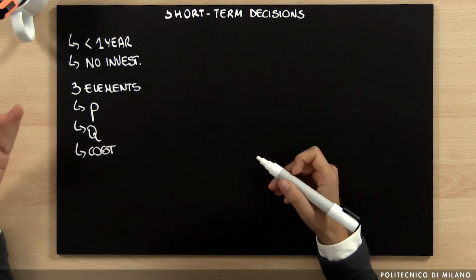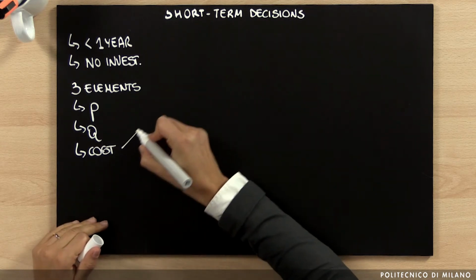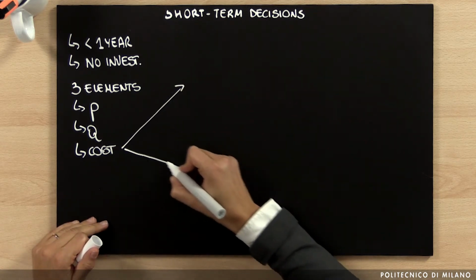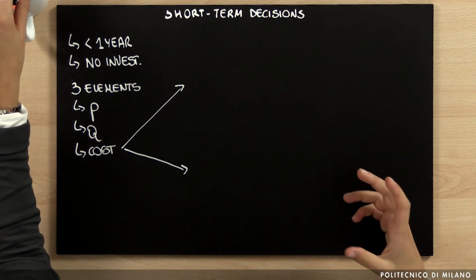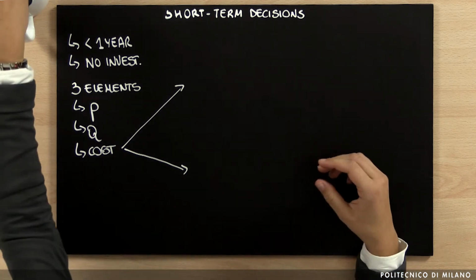When we deal with costs, we can identify different classifications of costs. In the moment in which we have short-term decisions, two main classifications of costs are relevant. With respect to our two distinctive elements, these are the two cost classifications that are particularly useful for short-term decisions.